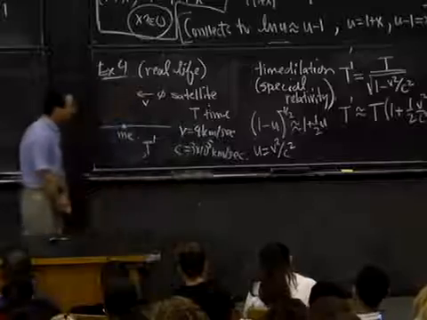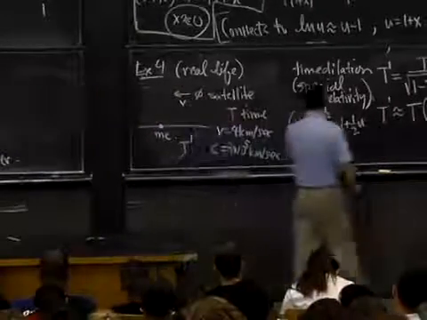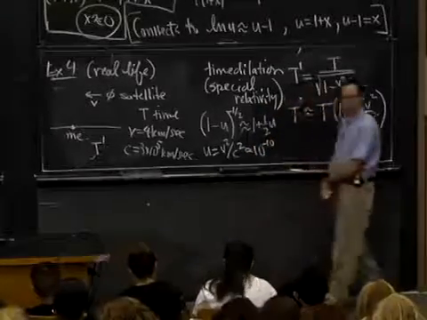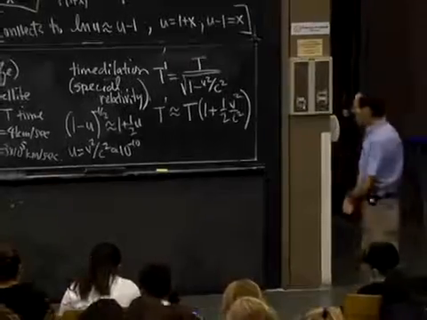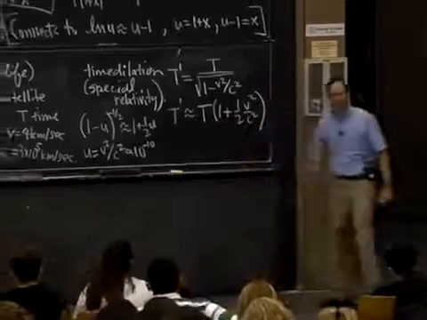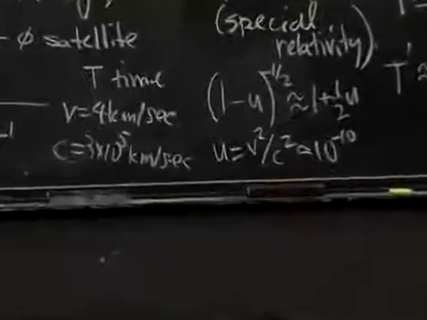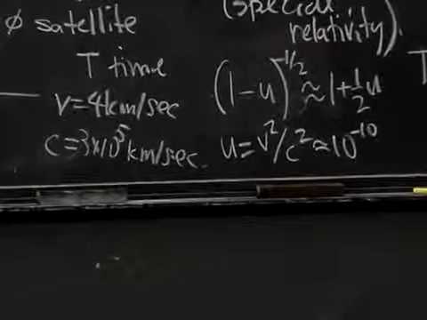So this number, v squared over c squared, is approximately 10 to the minus 10th. If you keep track of how much error that would make in a GPS location, maybe it's a millimeter or something like that. So in fact, it doesn't matter.